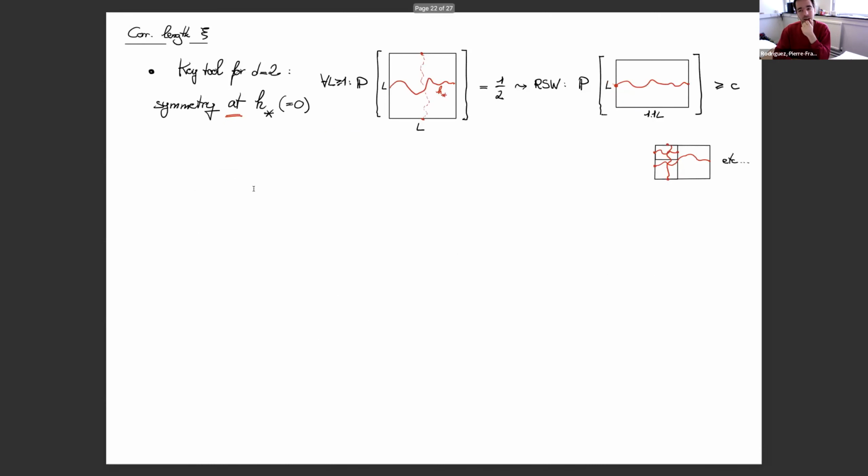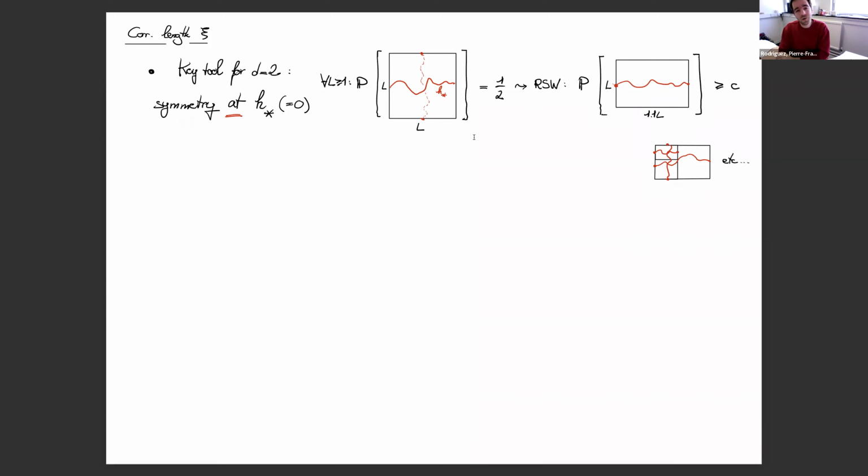Here is an attempt at relating this to something you know. One important tool that you use in dimension 2 is often what's called a duality symmetry. I'm just telling you this for analogy purposes.